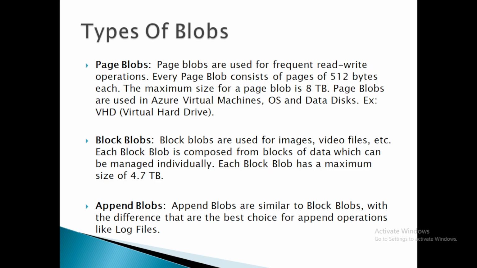Let's say you have a big file, then this file will be divided among the multiple blocks, right? So internally it creates multiple blocks. Each block has a maximum size of 4.7 TB. So your data is saved in those blocks. That's why it is called a blob.